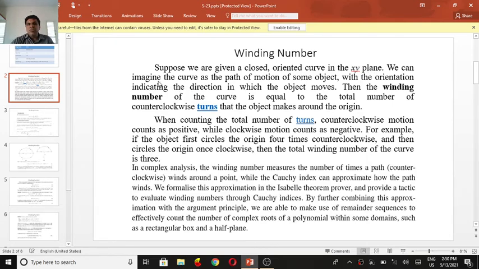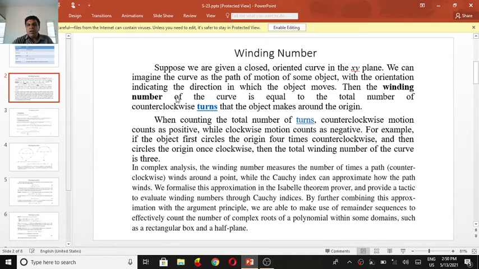We can imagine a curve as the path of motion of some object, with the orientation indicating the direction in which the object moves.